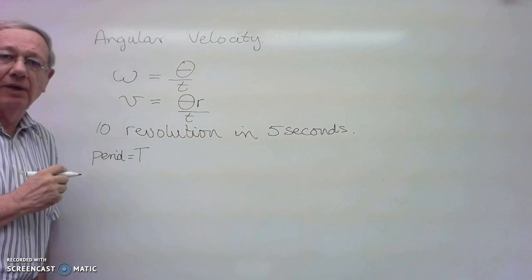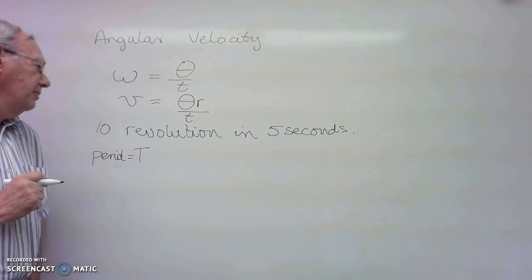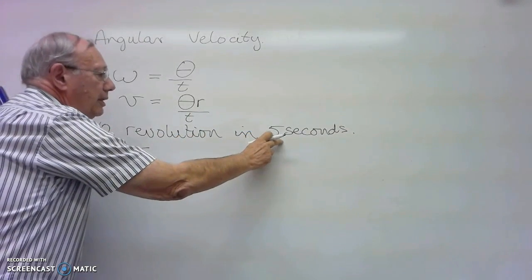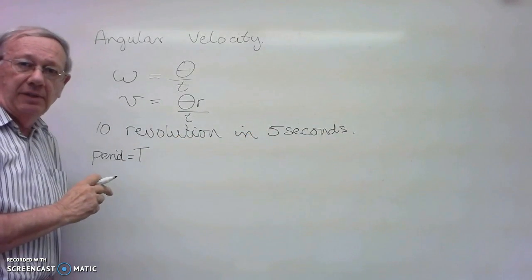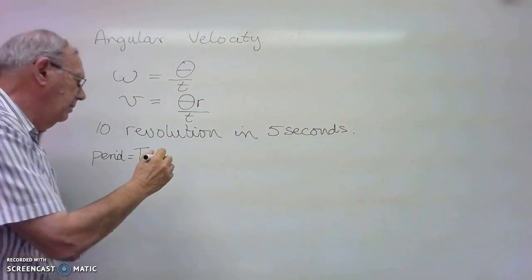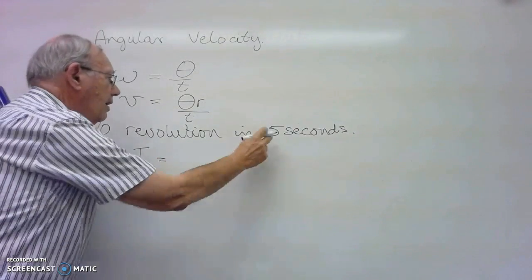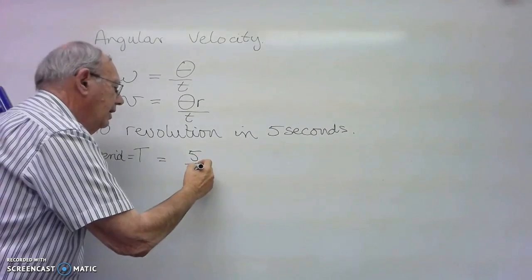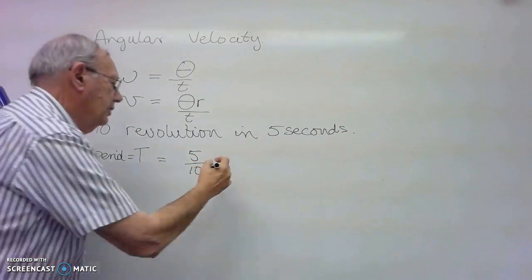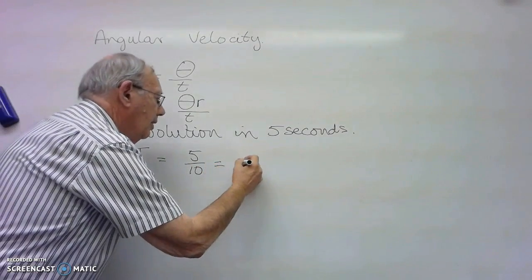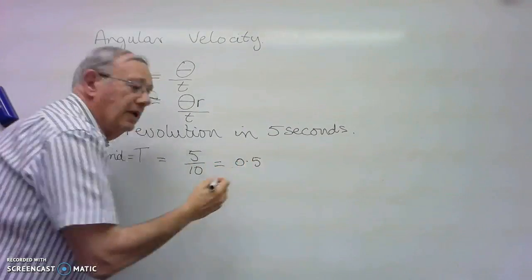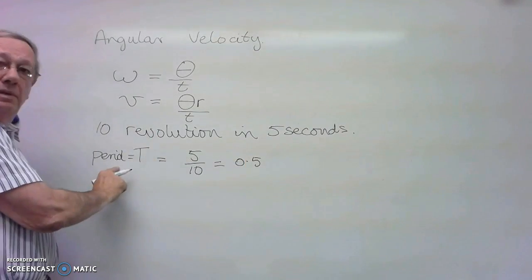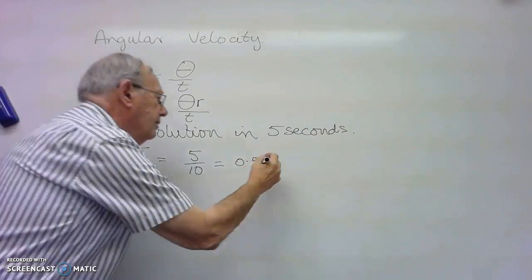The time taken for one revolution. If we've got 10 revolutions in 5 seconds, the period would be 5 divided by 10, which of course would be 0.5. What units? Period, time, seconds.